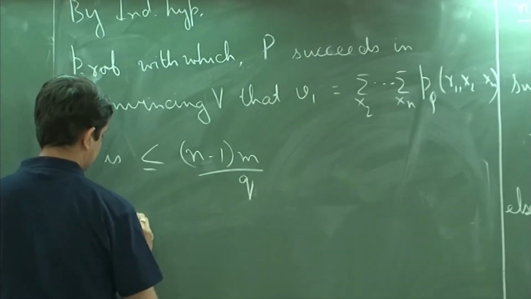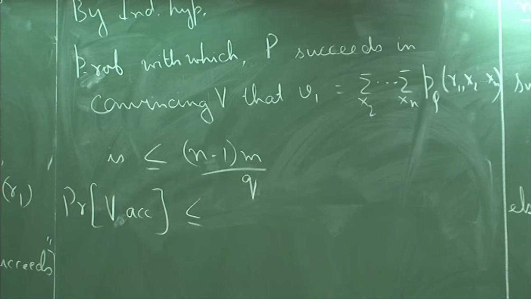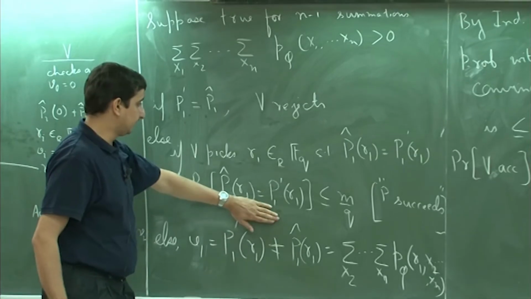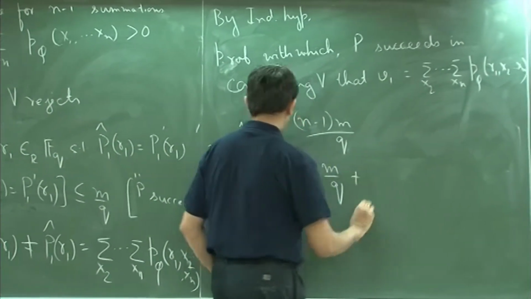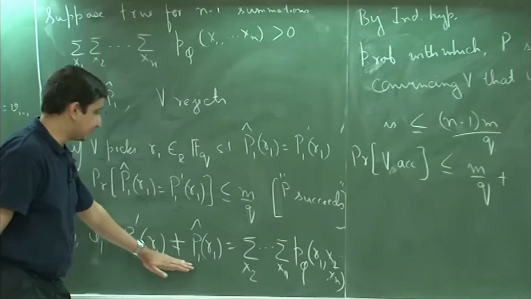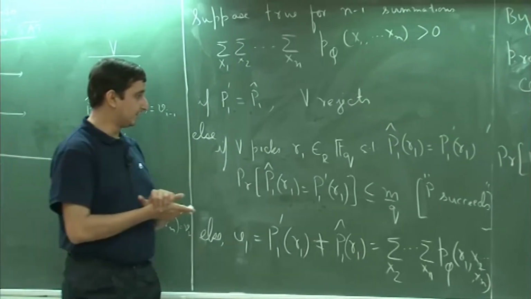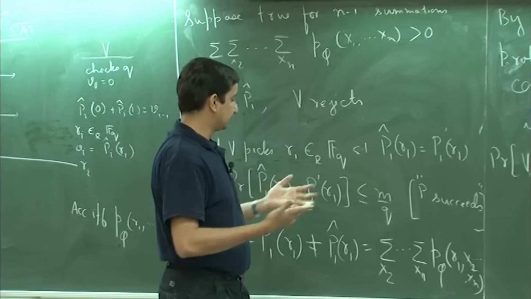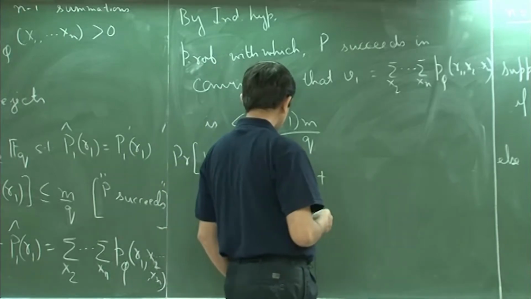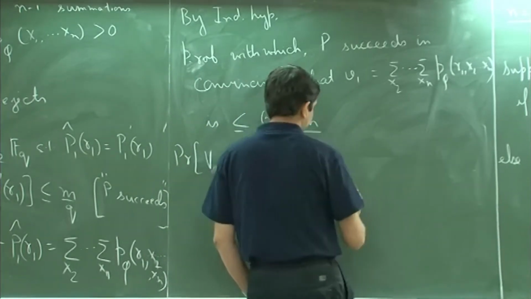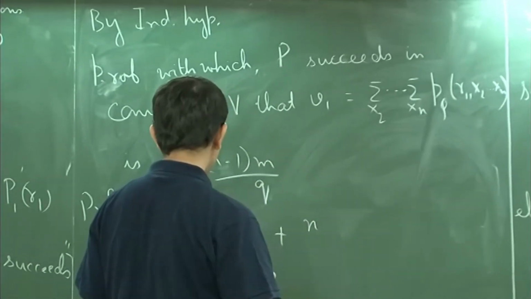Either he picks a point on which the polynomials agree, which is m by q, or he picks a point on which they do not agree, in which case in the successive rounds the verifier will be able to detect this error with probability at least 1 minus that.